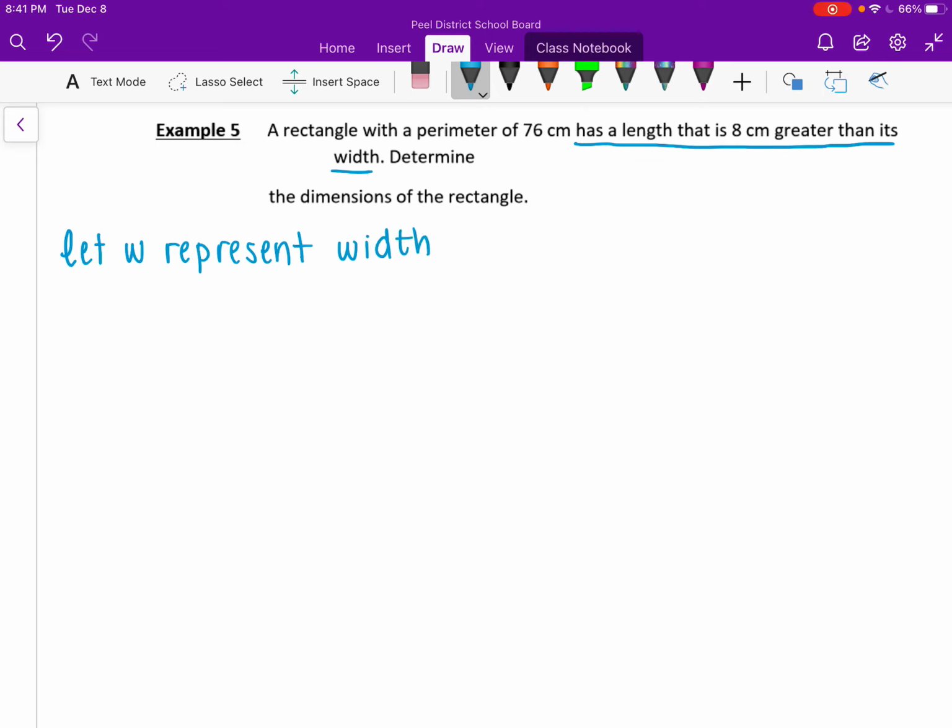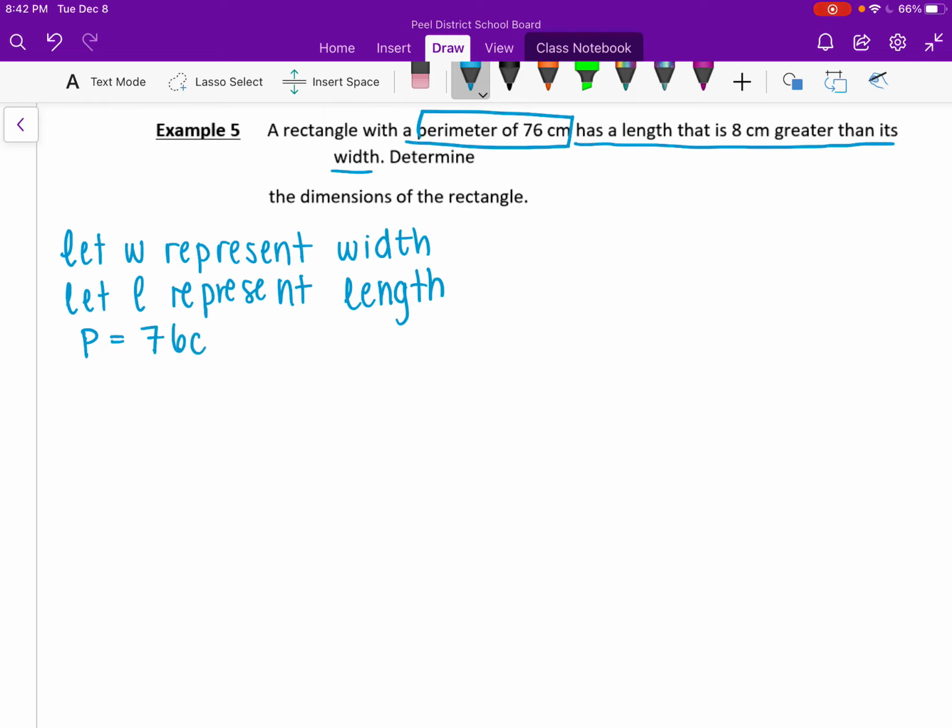We're going to let L represent length, right? And we know the perimeter is 76. So P is equal to 76 centimeters. Okay, we're trying to find the dimensions. So we want to find out what is L and what is W.